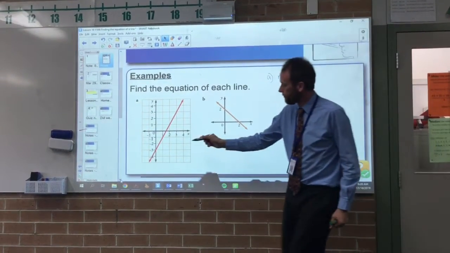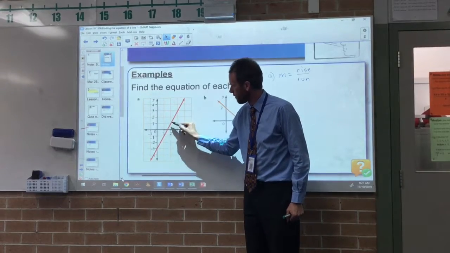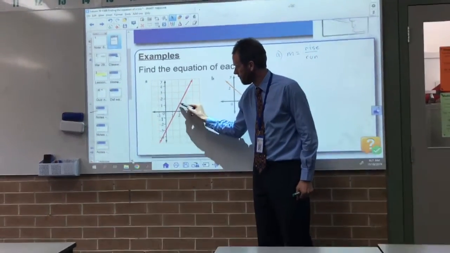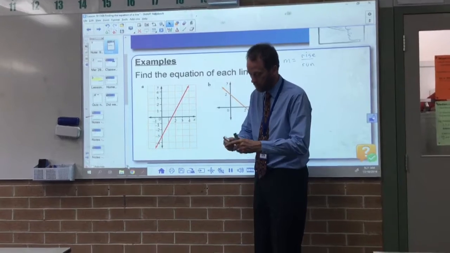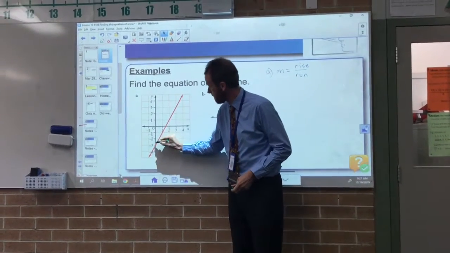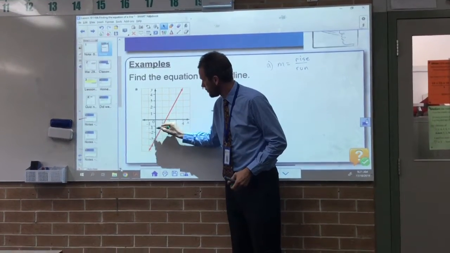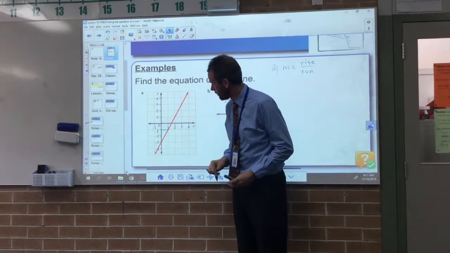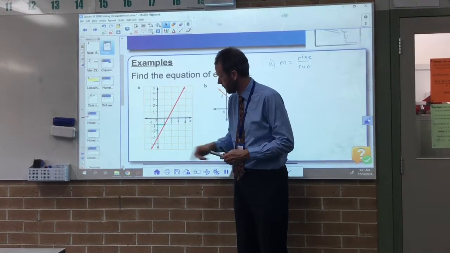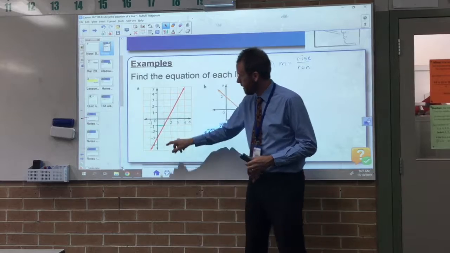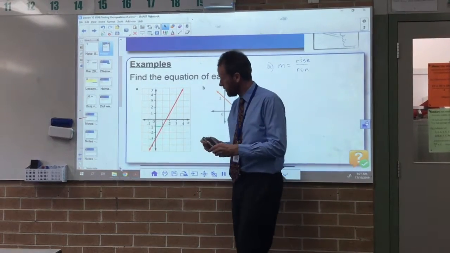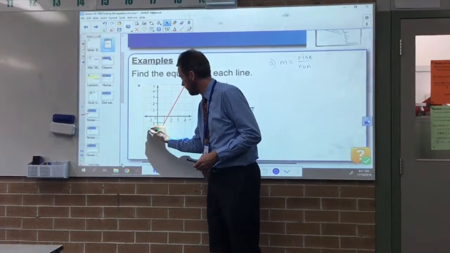I'm going to look for points where it crosses lines. And I can see that quite quickly and easily in this one here, where it rises and then runs to a key intersection of this grid line. So, my rise in this case is 2.